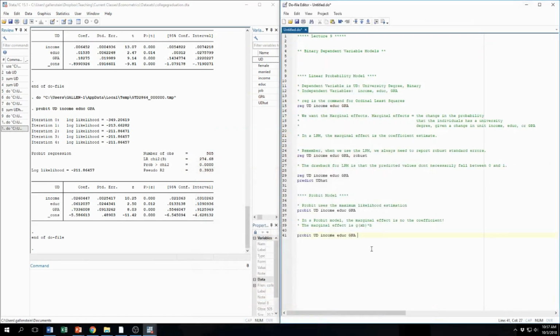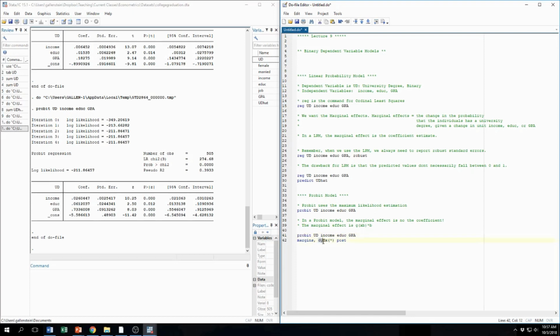But we don't do that by hand. We do that using a command. So what we do is margins, comma, dy dx star post. I put it after the probit model, and it's going to report the marginal effects.